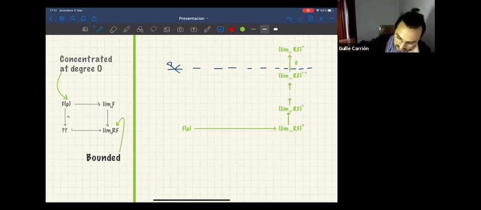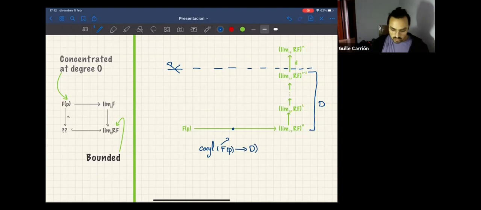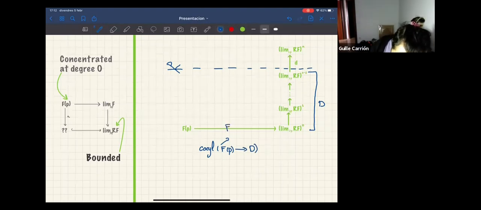And now we call this D, and we can put here in the factorization the cocylinder of the map FP, D. What is this? I put here FP times the matching on 0. Here is lim 0 times lim 1.